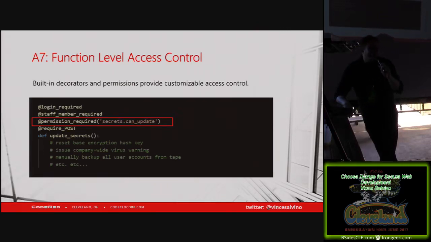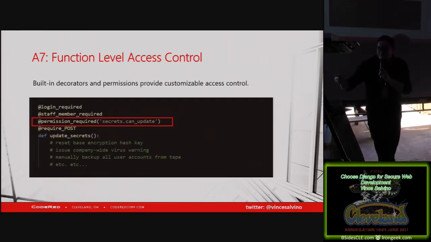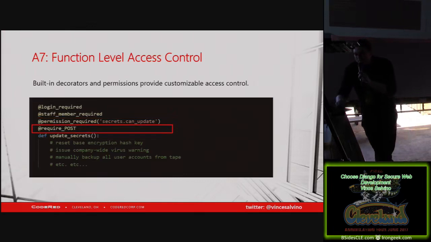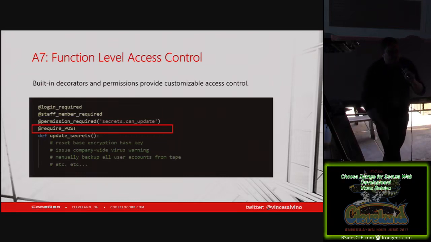So with permission required you can just say, say I have a model called secrets, I can just say secrets.can update, which means that a user who hits this, not only do they have to be logged in, not only do they have to be a staff member, but they also have to have the can update permission, or else it won't let them hit that function.